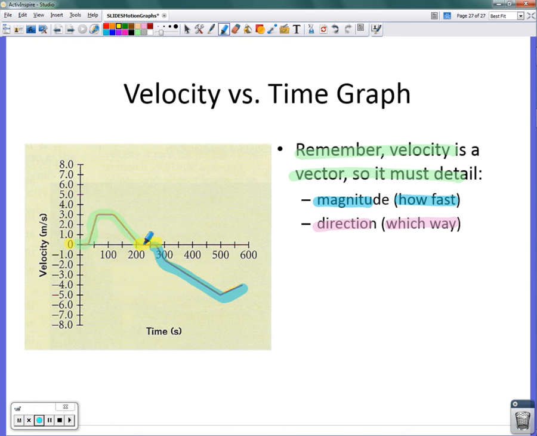So the object at this point in time has no acceleration. It's not changing what it's doing, but specifically, it's not changing from 0. So there are times when horizontal lines on velocity graphs can be an object at rest, but they have to specifically be on the x-axis.